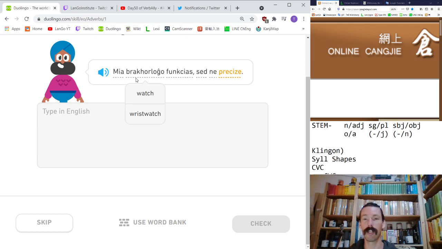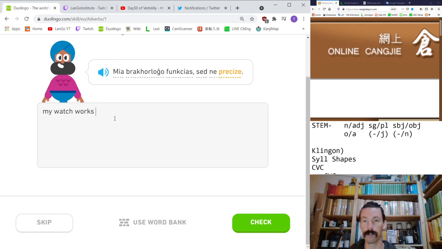So this is brak from the Romance word for the arm. And then horlogio, the Greek hour counter. My arm clock, my watch. And the mia, the possessive one, has the adjective deriving suffix on it. Not I watch, but my watch. Mia.